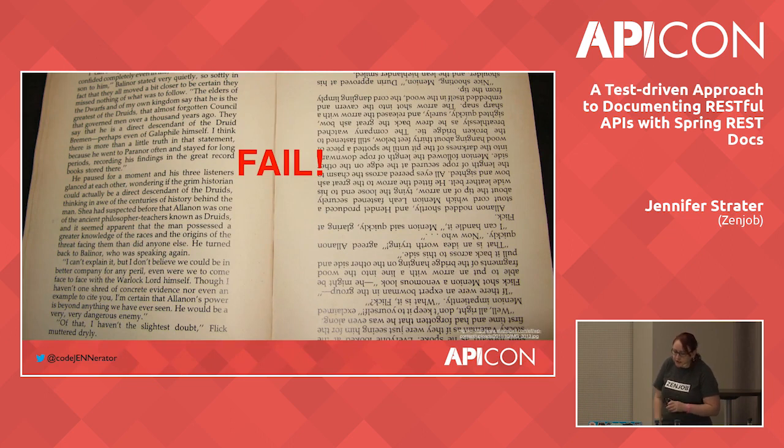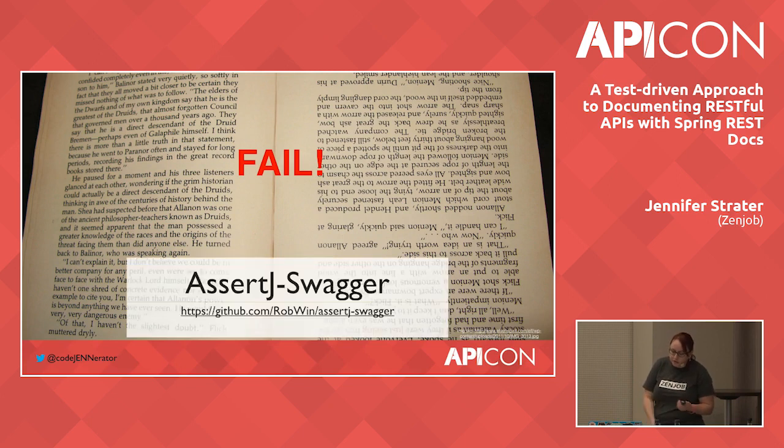The next thing that I mentioned is that disconnect between what you wanted to happen and maybe what actually happened. So you can end up with my printing example, where it doesn't quite match up. So you can use a library called assertj-swagger, which will ensure a contract-first approach.